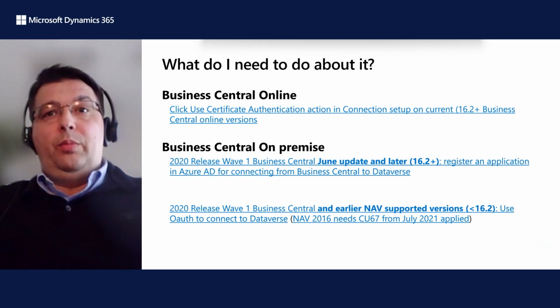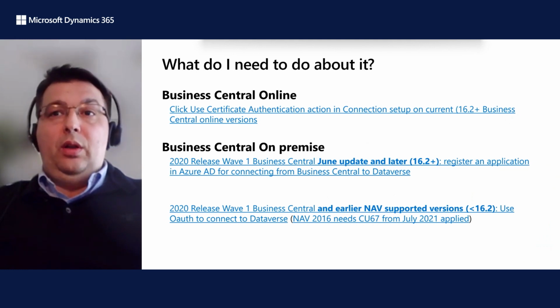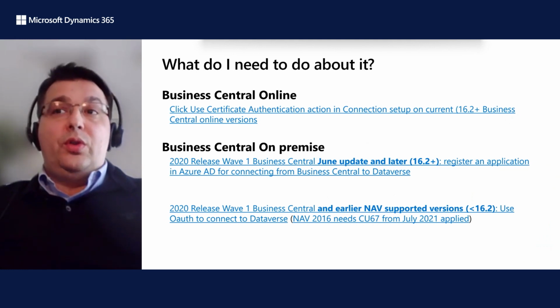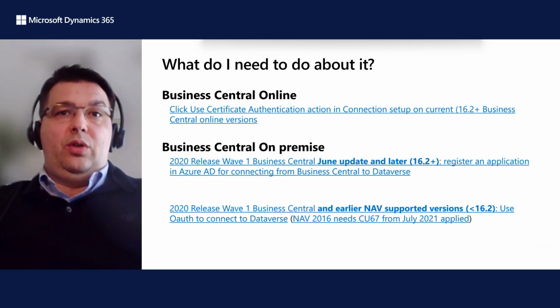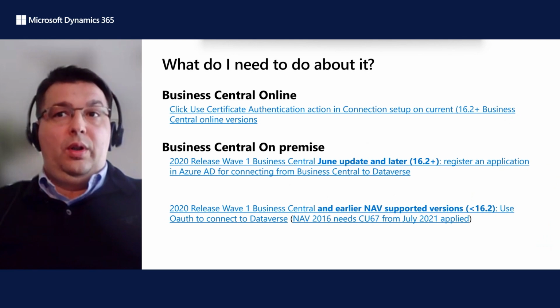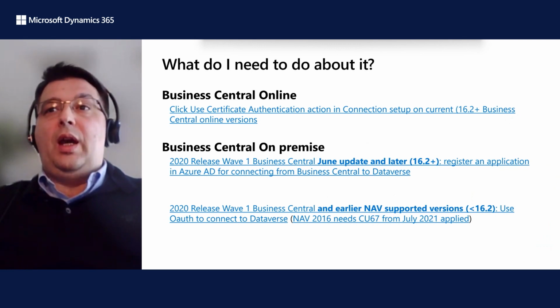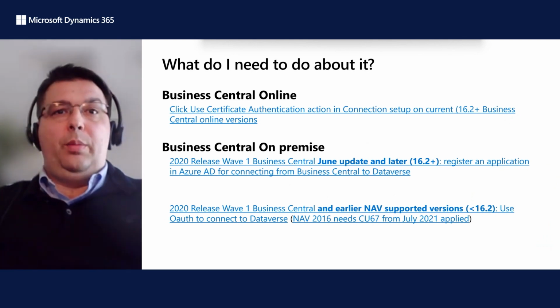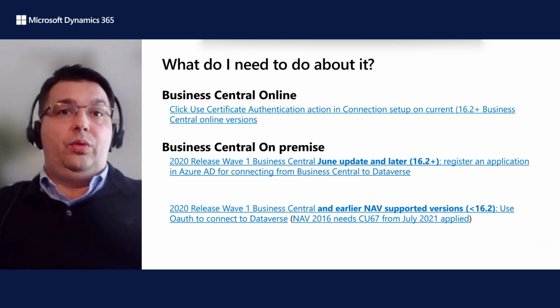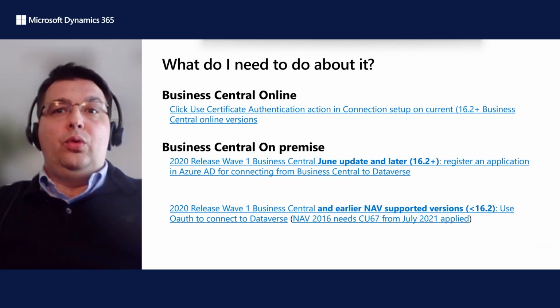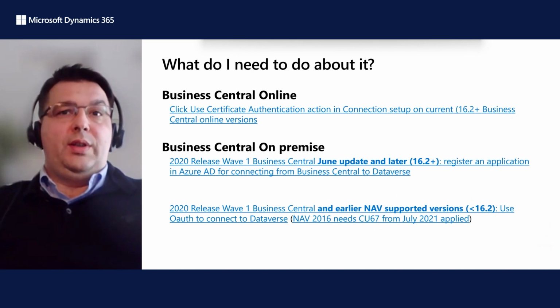For Business Central on-premises deployments that use versions below 16.2, you'll also need to register an application in your Azure Active Directory and change the authentication type to OAuth in your Dataverse and Dynamics 365 connection setup page, and you should be good to go. Details on how to do any of these things are behind the links on this slide and in the resources section as well.